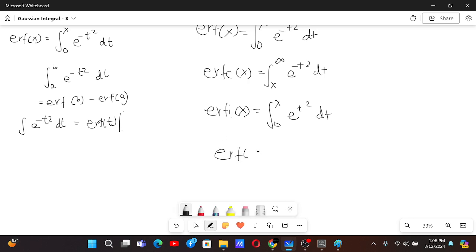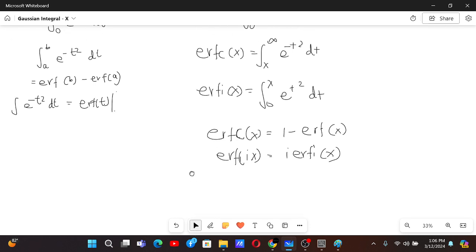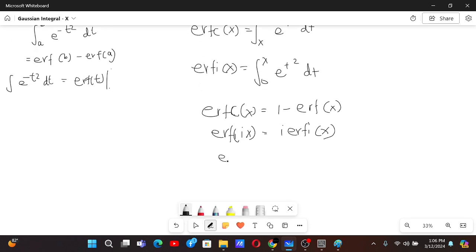erfc of x is actually equal to 1 minus erf of x. Similarly, erfi of ix is i times erfi of x. Similarly, erf of minus x is minus erf of x.